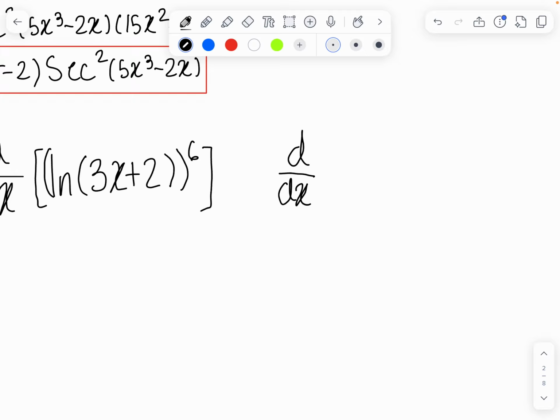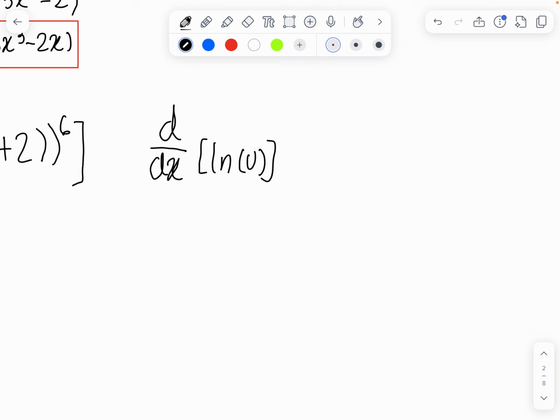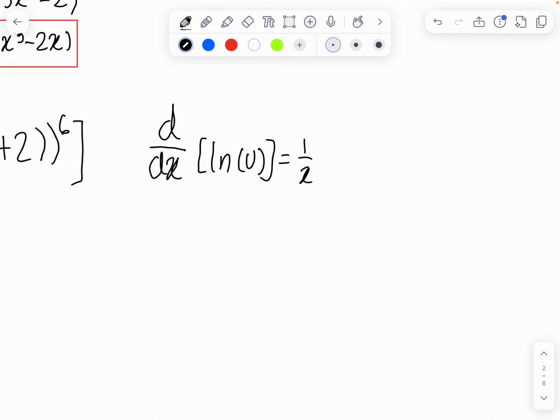I might do a video on the proof of this, but the derivative of the natural log of x always equals 1 over x.